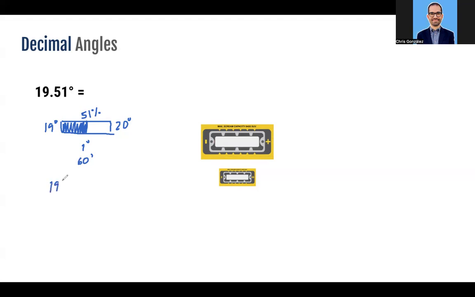So we're going to write down the 19 degrees. And out of those 60 minutes, we only were able to cover 51%. So let's find out how much is 51% out of 60. So that would be 60 times 0.51, and we're going to get 30.6 minutes.